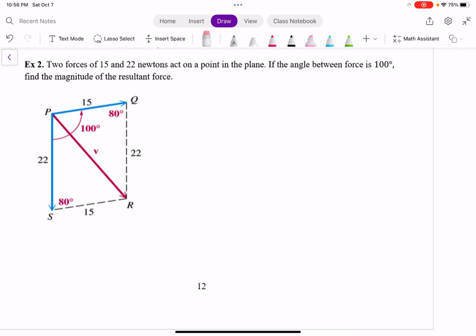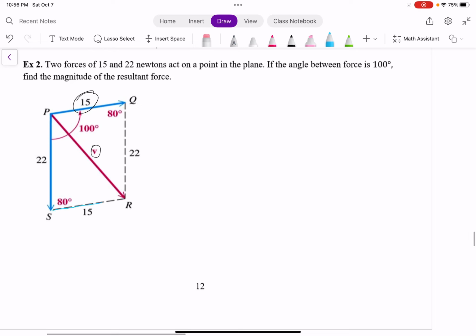How to find V? Like the previous one, first I can move the two forces, 15 and 22, and V into one triangle, then I can solve it. How about moving PQ, the 15 one, to its opposite? I use blue color, so I move it here.